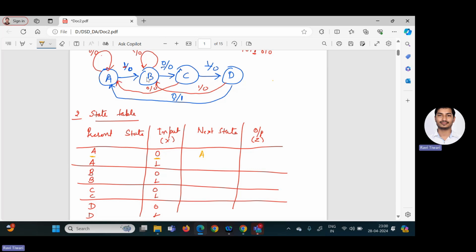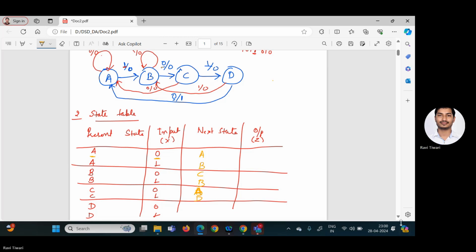If you are in state A and you get 1 as an input, then the next state will be B. If you are in state B and you get 0, you have to move to state C. And if you are in state B and you get 1, you stay in the same state, that is B. If you are in state C and you get 1, you have to move to state D. Sorry, C to 1 is D. C to 0 is A.